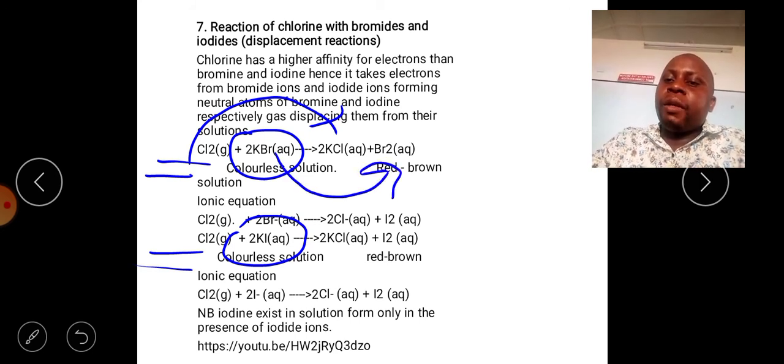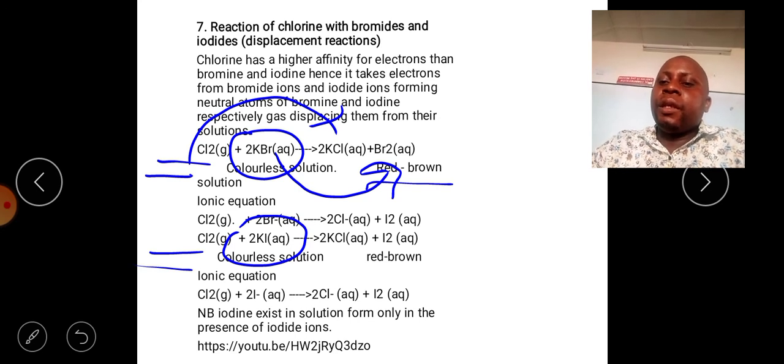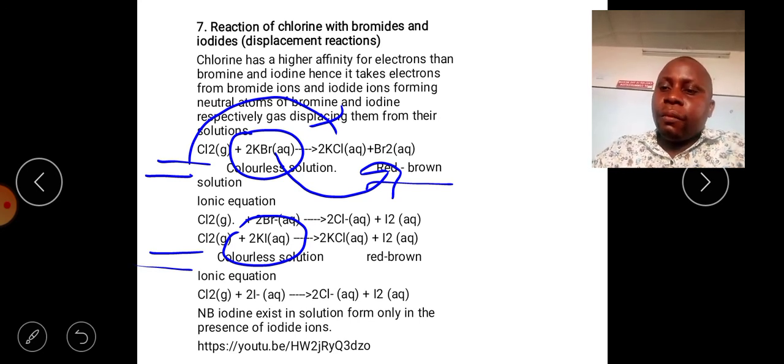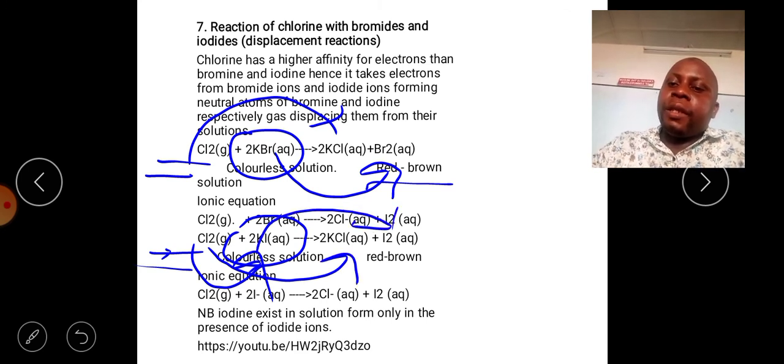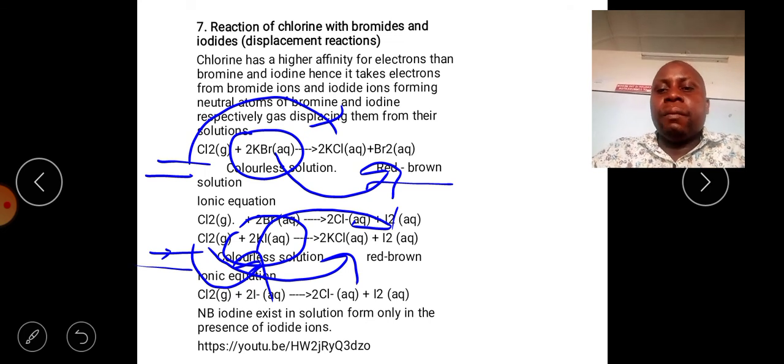Therefore, the solution becomes a bit red-brown. On the other hand, when chlorine is bubbled through potassium iodide, there is formation of potassium chloride and the iodine is displaced.